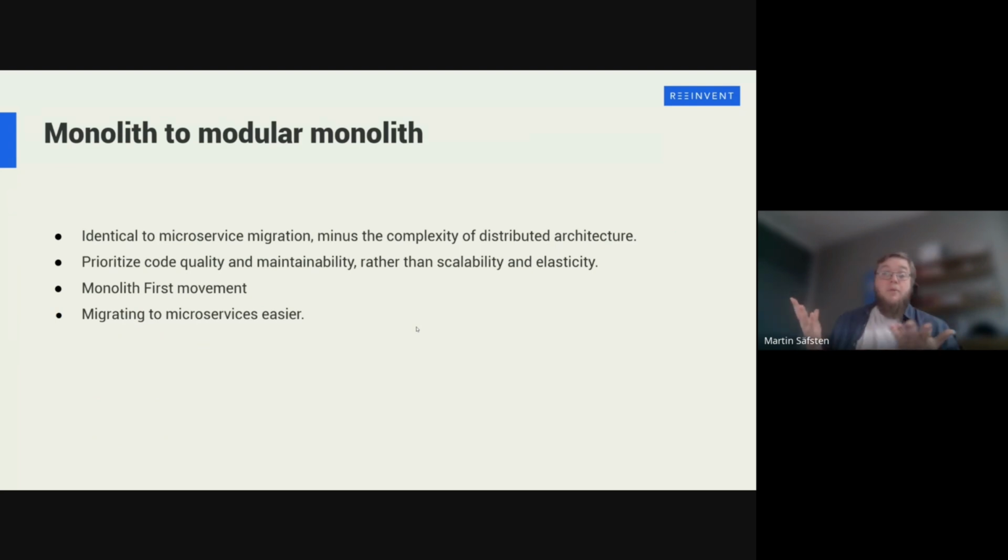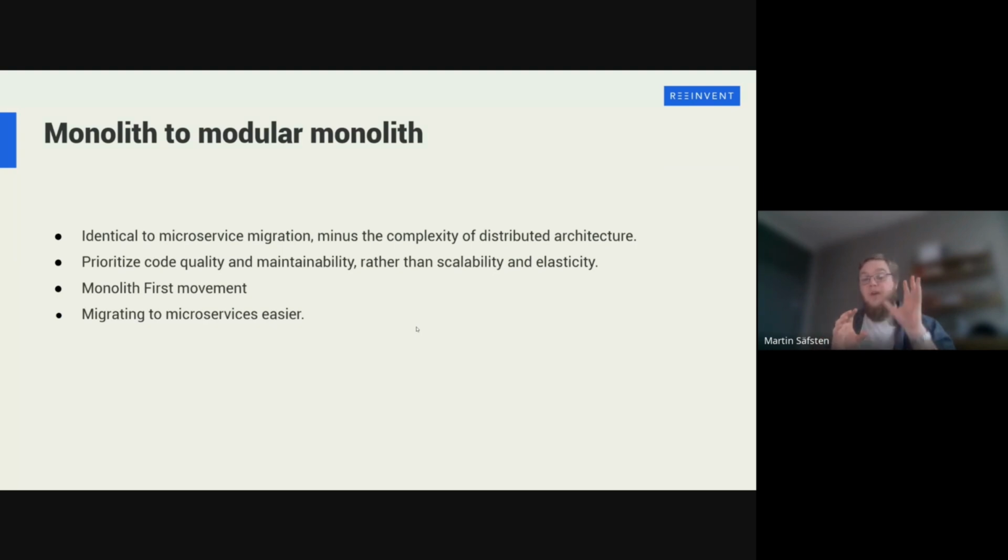But I'm not talking about microservice architecture in this talk. I'm talking about the modular monolith. And what I want to highlight with the microservice approach compared to this is that they're basically the same thing. The important part about converting to microservices is defining what should be in the module, what should be in a microservice. And it's basically the same strategy for modular monoliths.